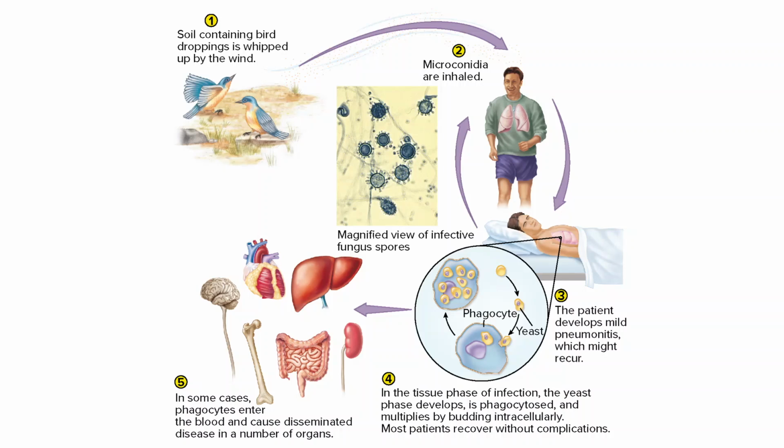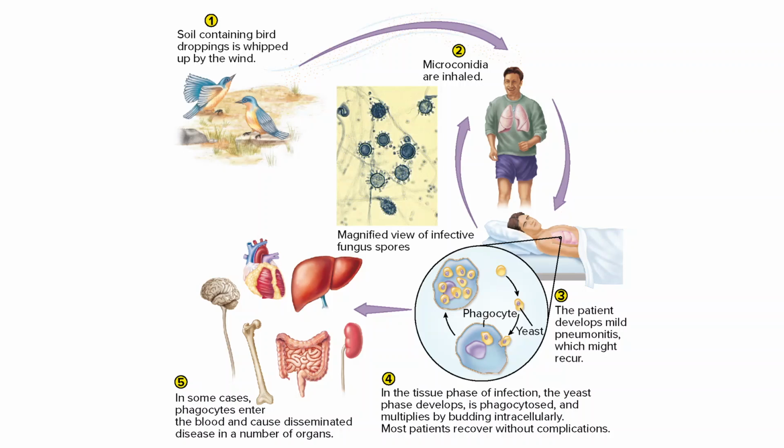And so in the tissue phase of this infection, once it's in us, it's a yeast. Let's remember that, right? The little yeast forms are phagocytized, and they're just going to multiply, multiply, multiply, and they're doing this by budding within the phagocyte. You can have patients just recover and be fine.